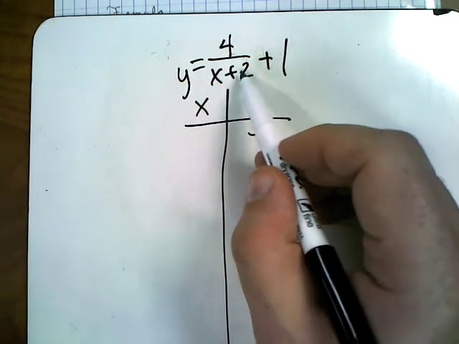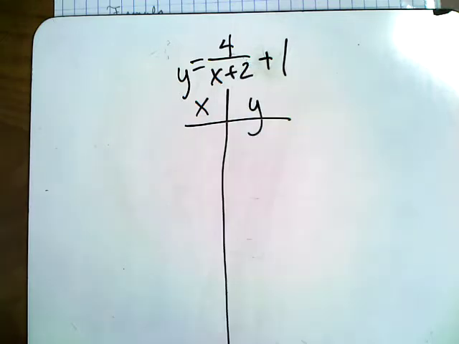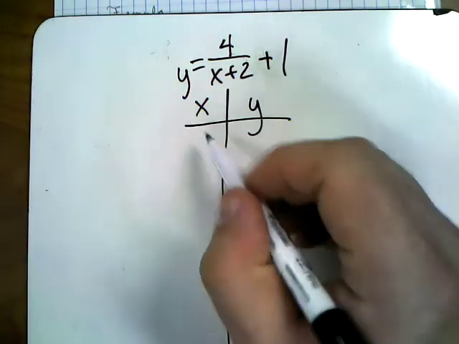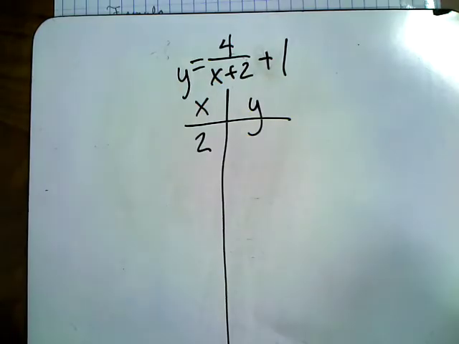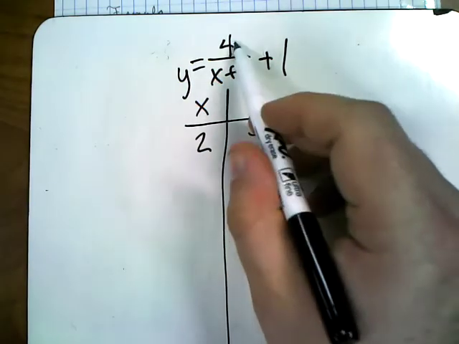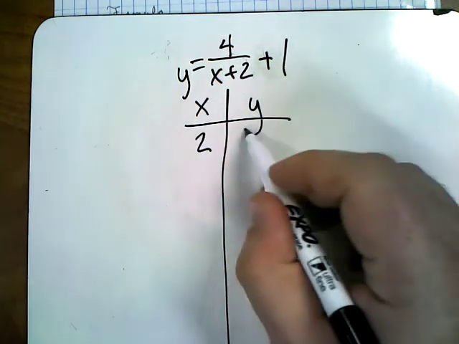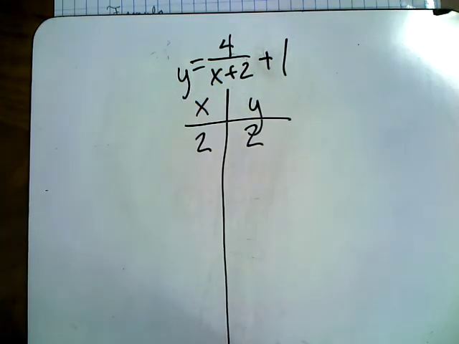So what could you add 2 to so that this fraction is going to come out nicely? Well, maybe I add 2 to 2, because then 2 plus 2 is 4, and 4 over 4 is 1, plus 1 is 2. So that's an option.